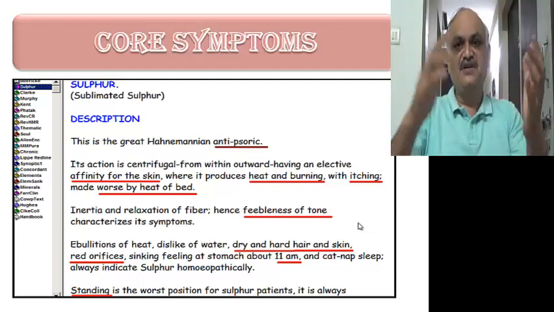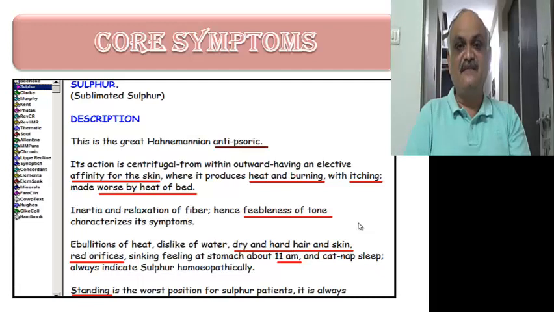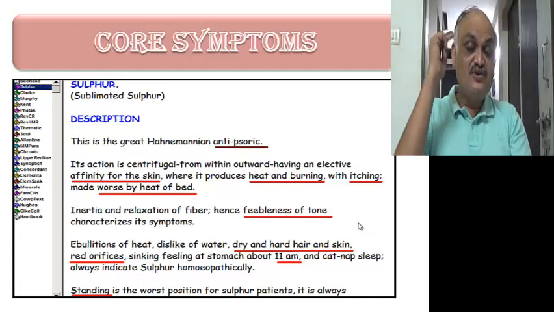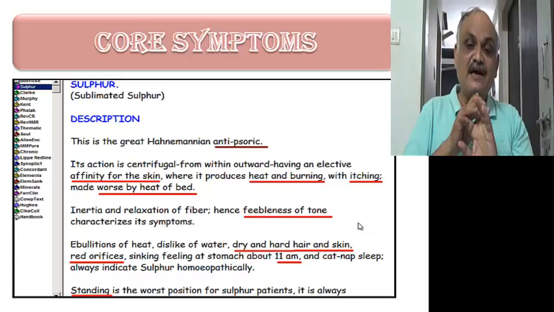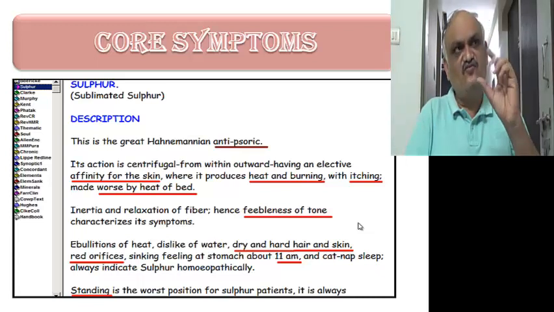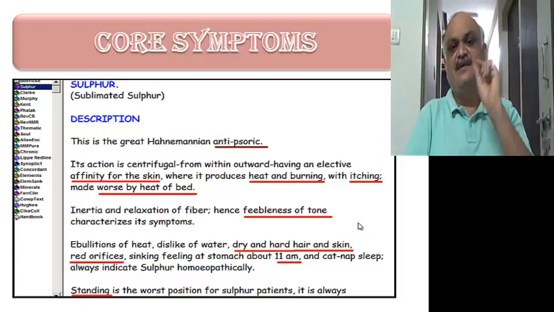So you do not have to read everything that is written in the Materia Medica. These few core things are going to decide the medicine. And you have to remember that. So you have to carry out an exercise where you just select 5 sentences about that remedy, and you have to remember them.